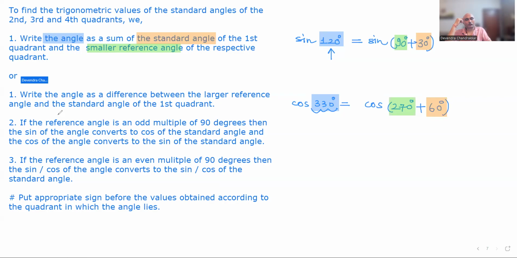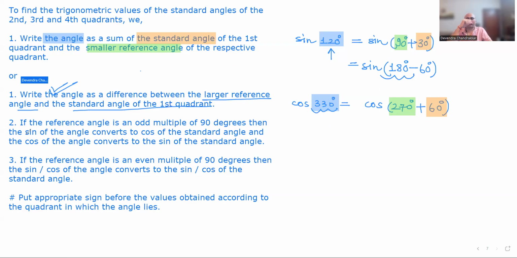Now let's use the second, the difference rule. For this 120 only we'll do it. The larger reference angle is 180, so it is 180 minus 60 degrees. Write the angle as a difference between the larger reference angle and the standard angle of the first quadrant.